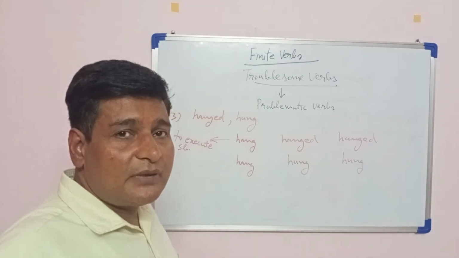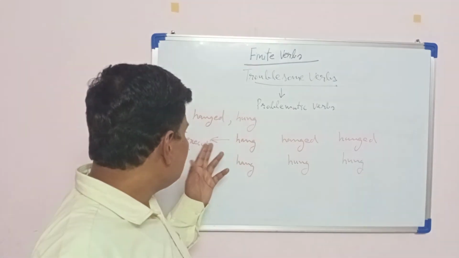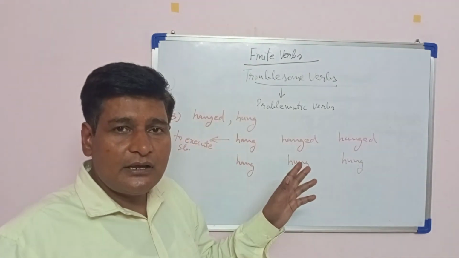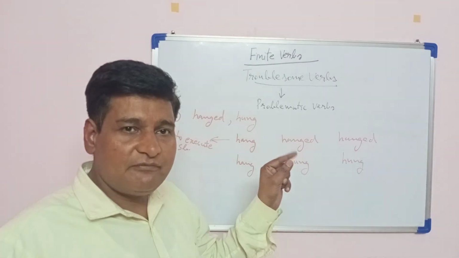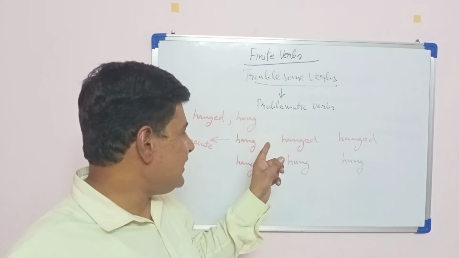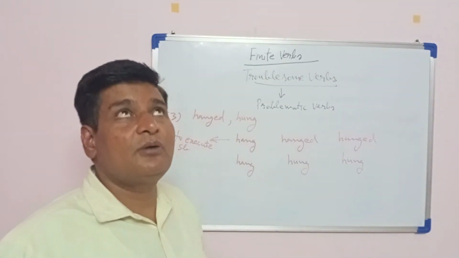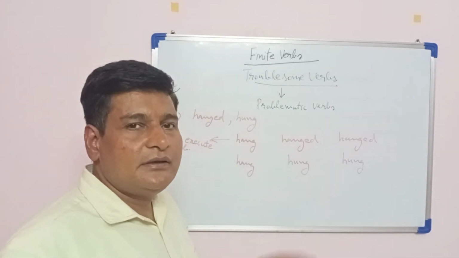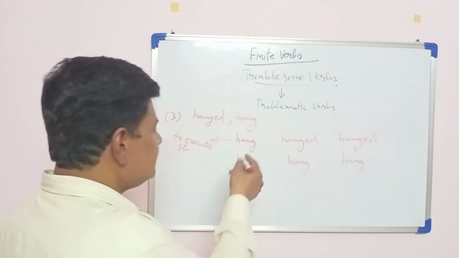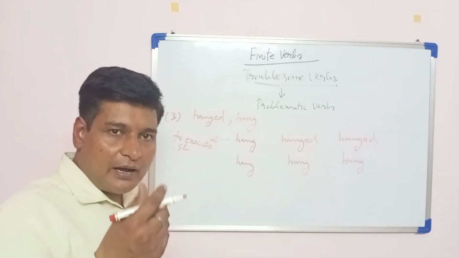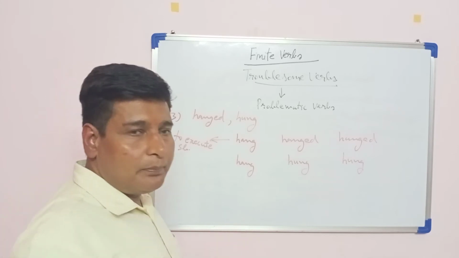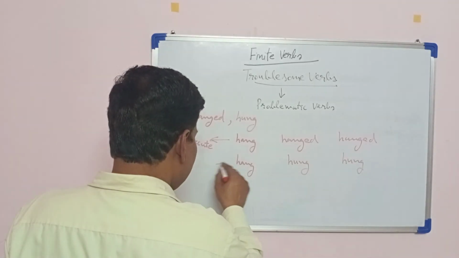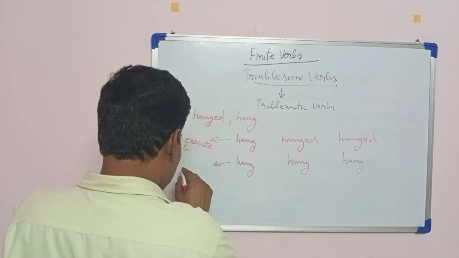To execute somebody means to put to death somebody by tying his neck from a roof and suspending that person from some high point. So that is the act of killing by tying a rope. The next one means to suspend.